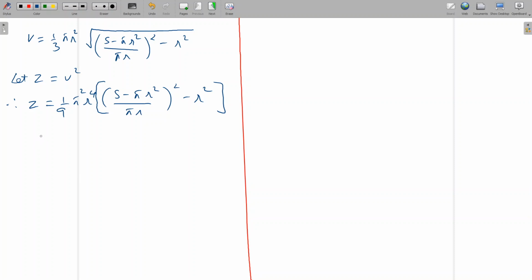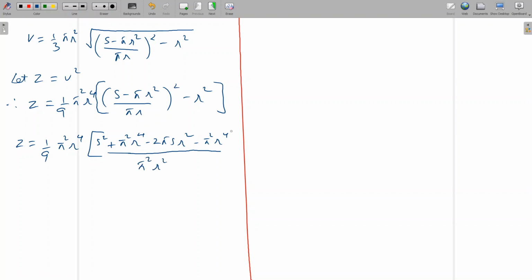Now let us simplify this one. We will be getting Z equal to 1 by 9 pi square into R raised to 4. Here we will be applying the formula of a minus b whole square. So this will be S square plus pi square R raised to 4 minus 2 pi S R square, minus pi square, and this will become R square, so it will become R raised to 4 over pi square R raised to square.